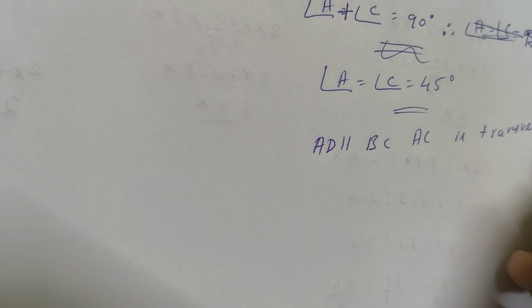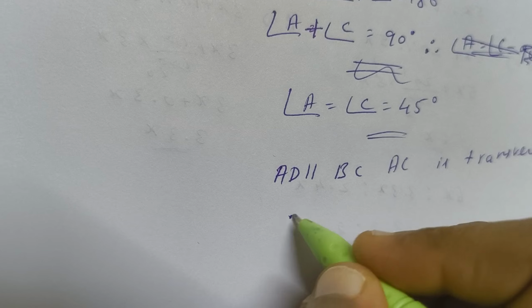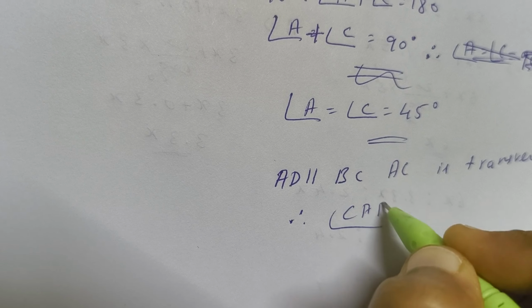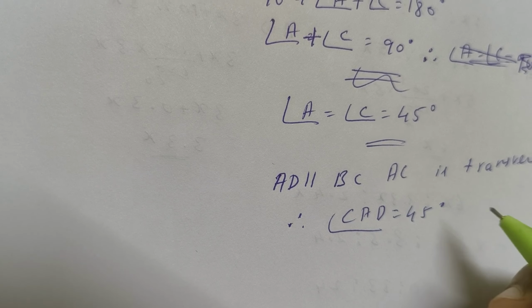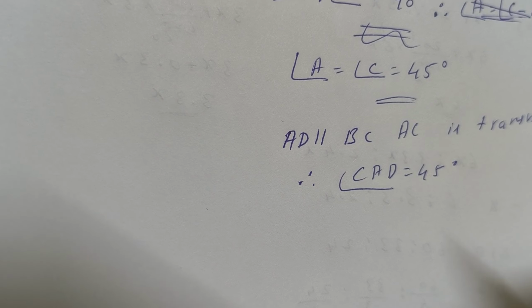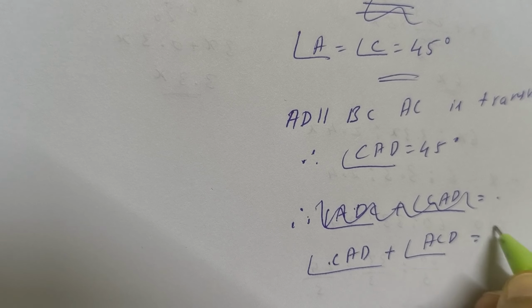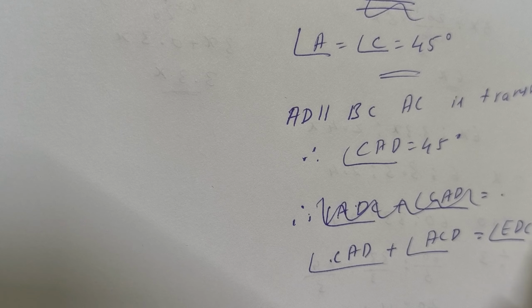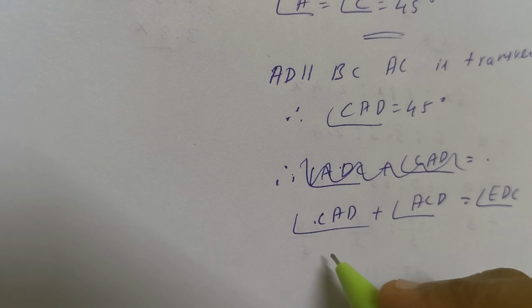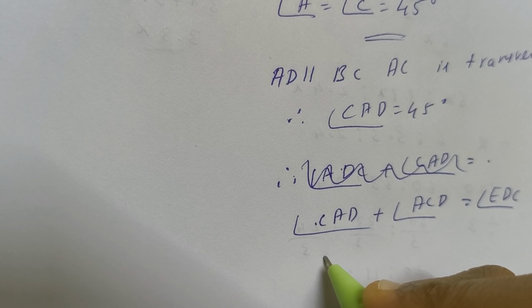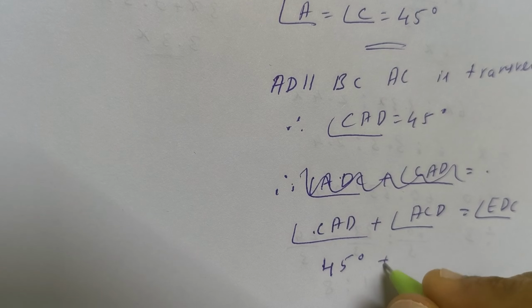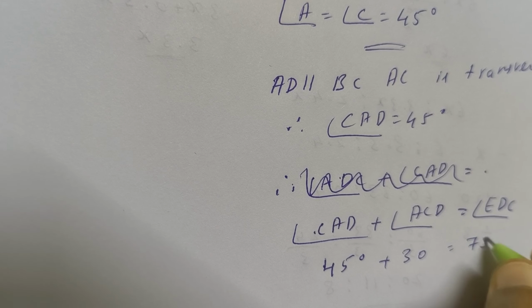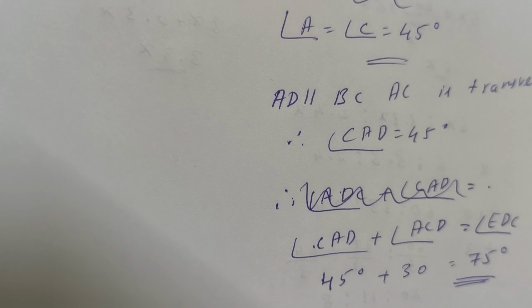So, angle CAD is 45 degree because of alternate angles. Exterior angle is equal to the sum of interior opposite angles. Therefore, angle EDC is equal to 30 plus 45. So we get 75. So the option 1 is correct.